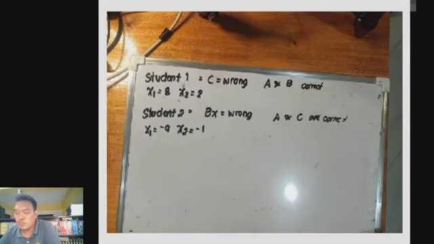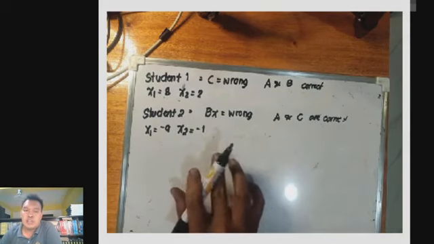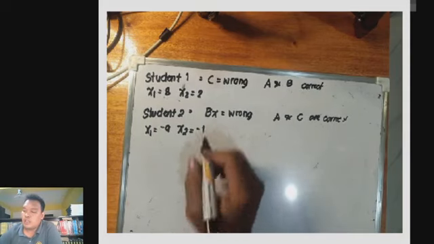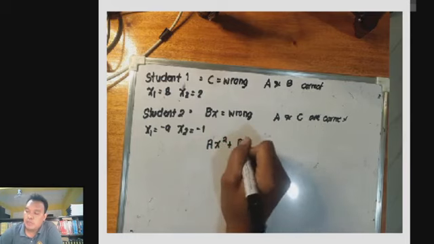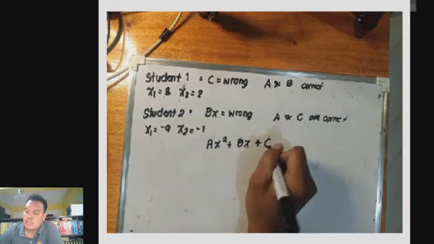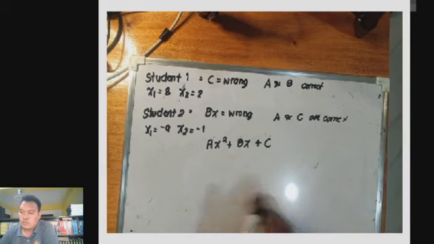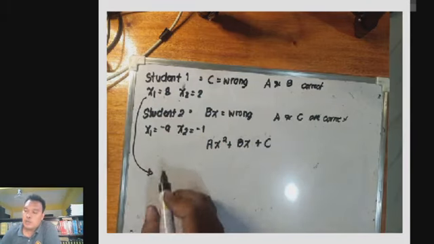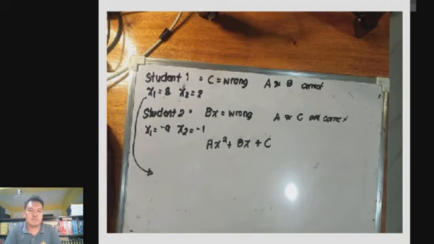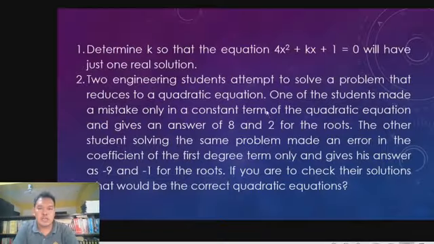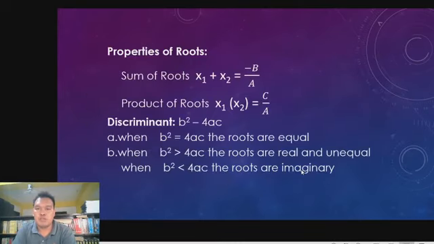Okay. So to solve this, first, the quadratic equation must be ax squared plus bx plus c. Tama? Okay. So dito sa una, we have roots. Balikan natin yung lecture.